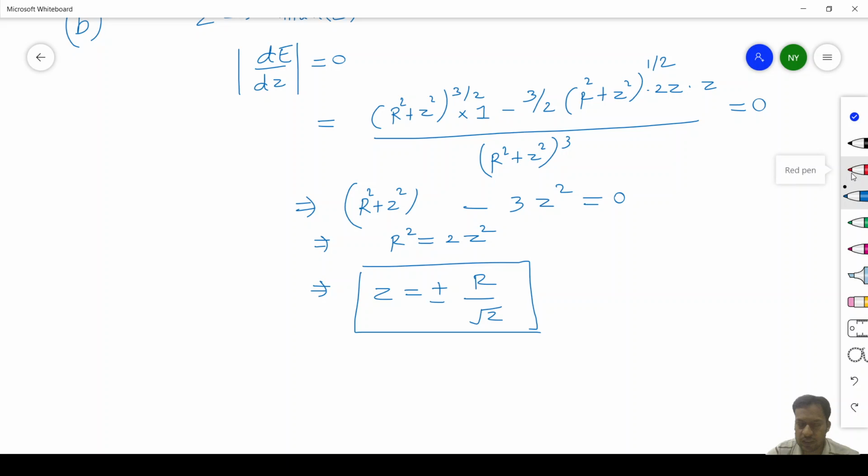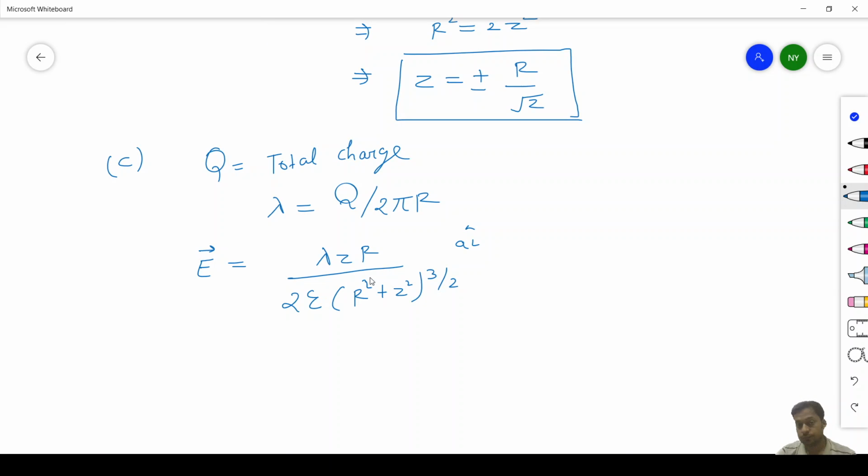Now putting the value of lambda in terms of total charge, q upon 2 pi r, into z into r upon 2 epsilon times r square plus z square power 3 by 2, in the az direction.